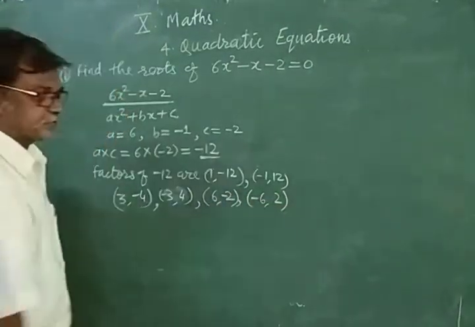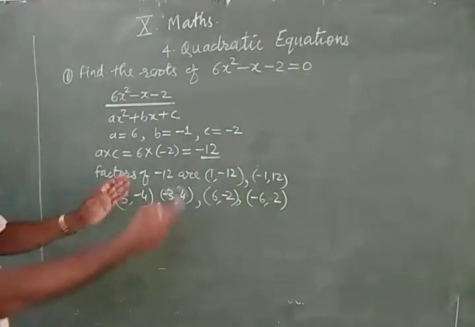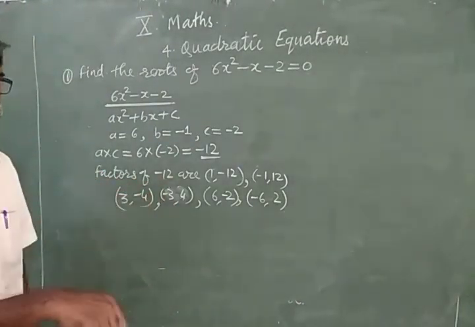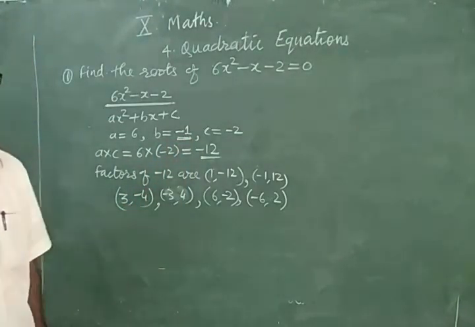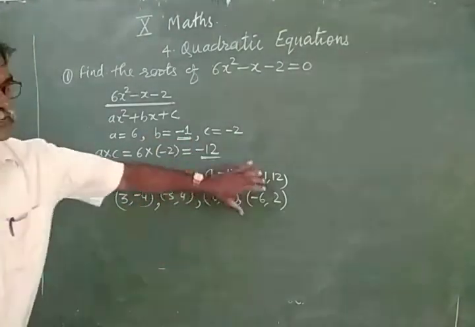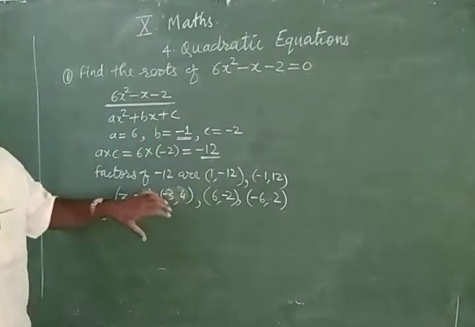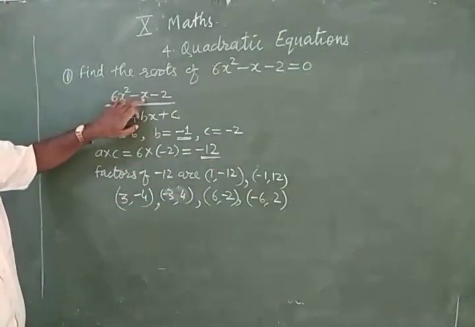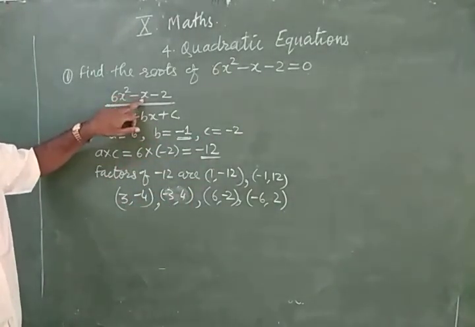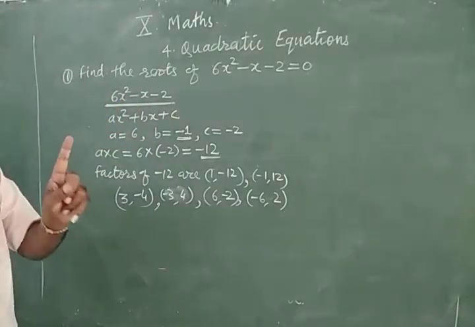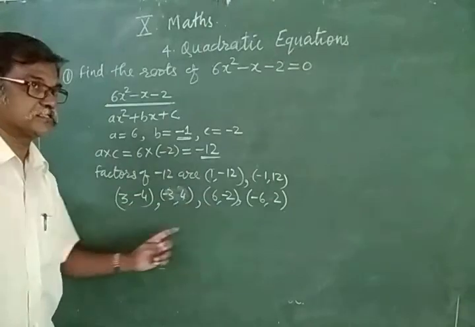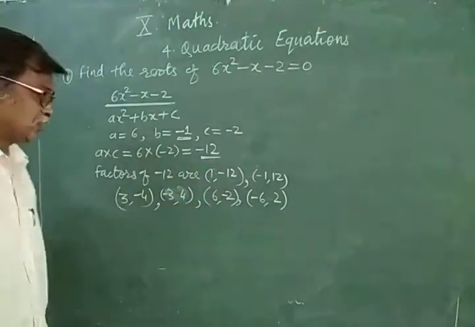All these are the factors. Out of this, we have to take only those factors whose sum is minus 1. Otherwise, all these factors can be possible. It depends upon the coefficient of the middle term. If it is minus x, means minus 1, which pairs have the sum minus 1?